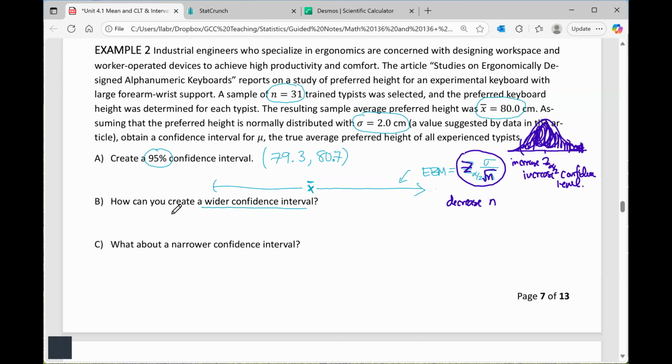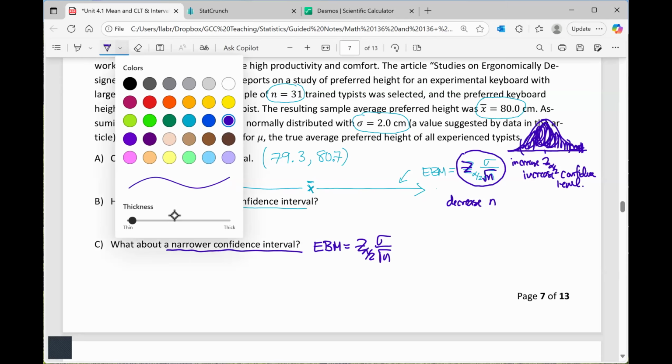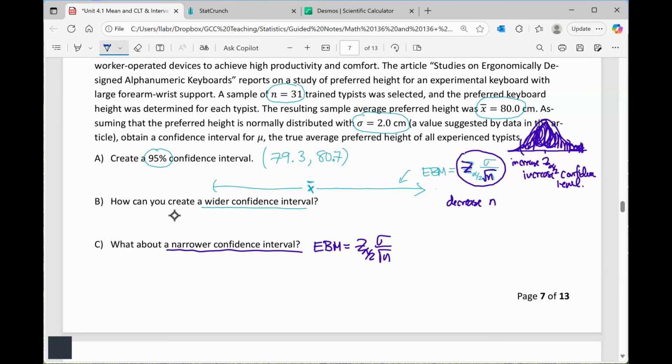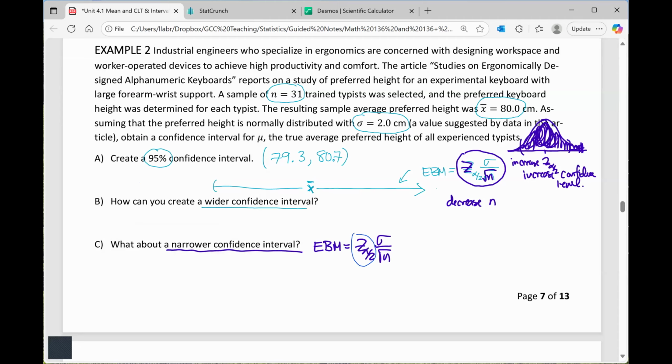We can go ahead and get opposite results if I'm asking, what if I want a narrower confidence interval? So if you want the error bound for the mean to be smaller overall, then there's a few ways to do that. One is to make this value smaller. So think about how to do that. So here's a visual.